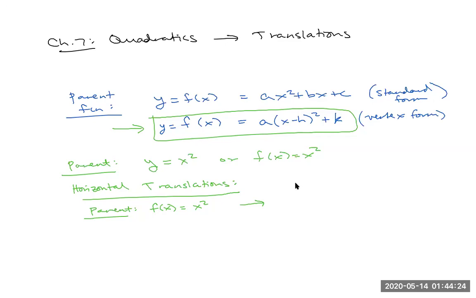The horizontal translation, so we're going to be comparing to, one is g of x equals the quantity x minus c. Sorry, we can leave that. Let's make it a plus. Okay, so this is a little bit different.